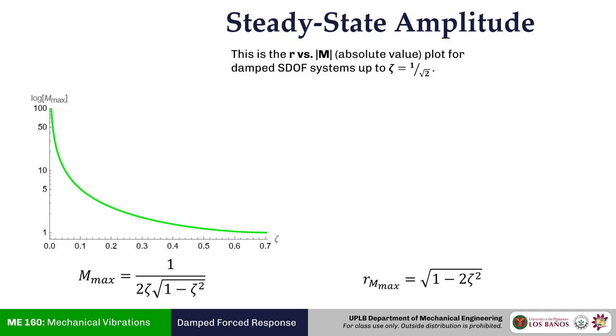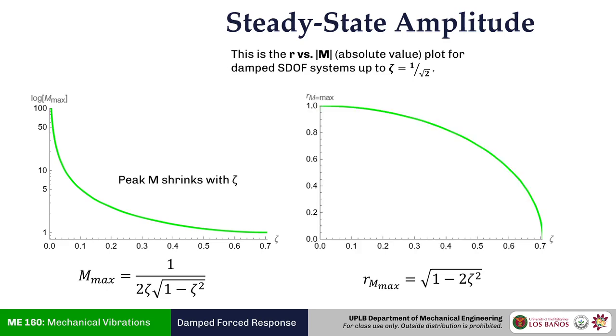And in terms of the frequency ratio to cause the peak magnification, makikita natin na pakaliwa ng pakaliwa or paliit ng paliit yung frequency ratio to cause the peak magnification. And you'll see here that yung equation natin, dahil naka-square root siya, sa quadrant 1 lang siya nag-exist. Quote unquote. Walang sense kasi ang negative na frequency ratio.